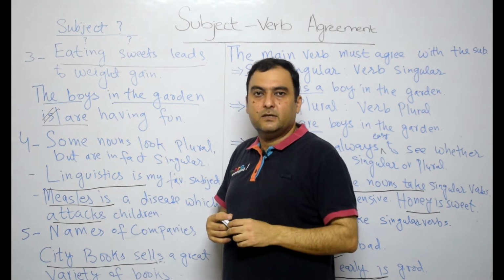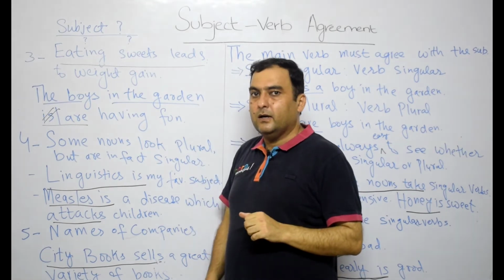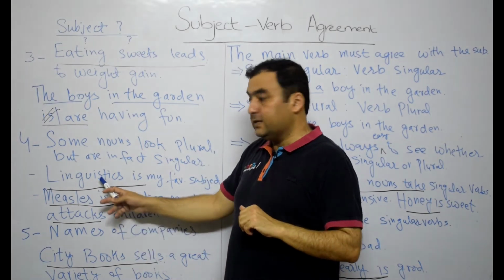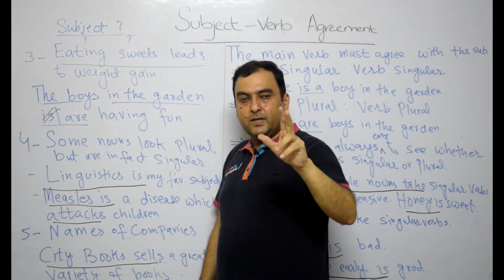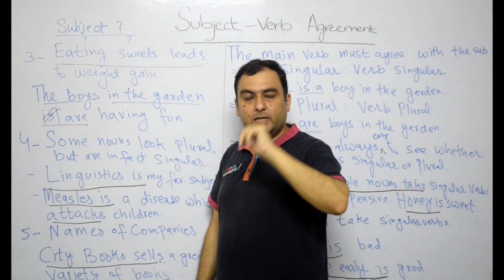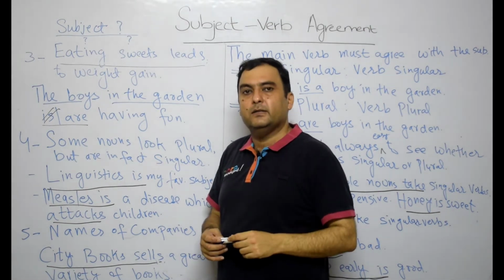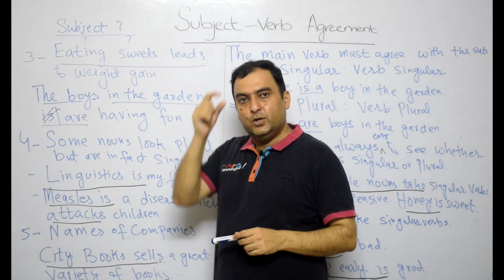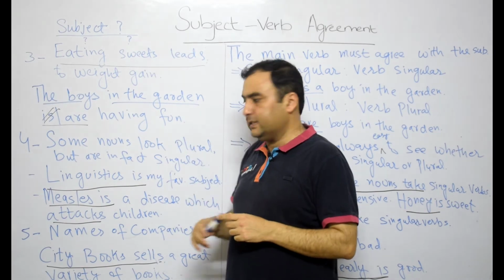But there are certain nouns which end in S, but they're basically singular nouns. For example, these words for disciplines like linguistics, statistics, politics, physics. These words are singular, and the verb must be used according to the subject, which is singular in this case.